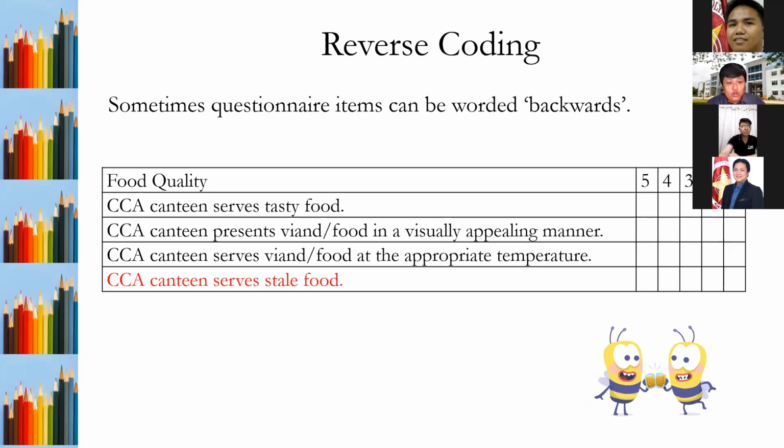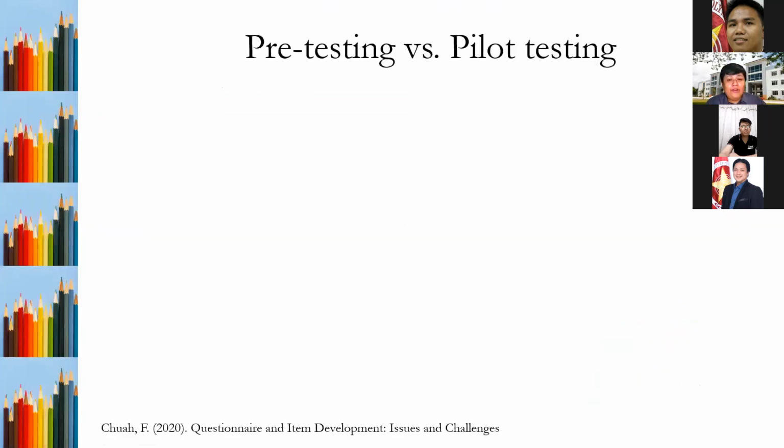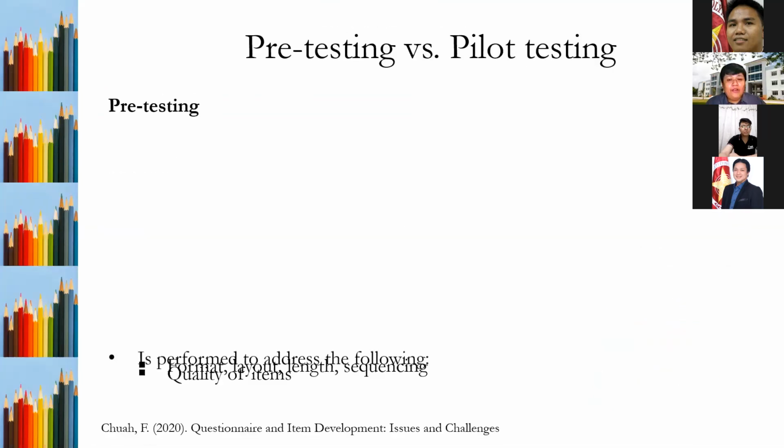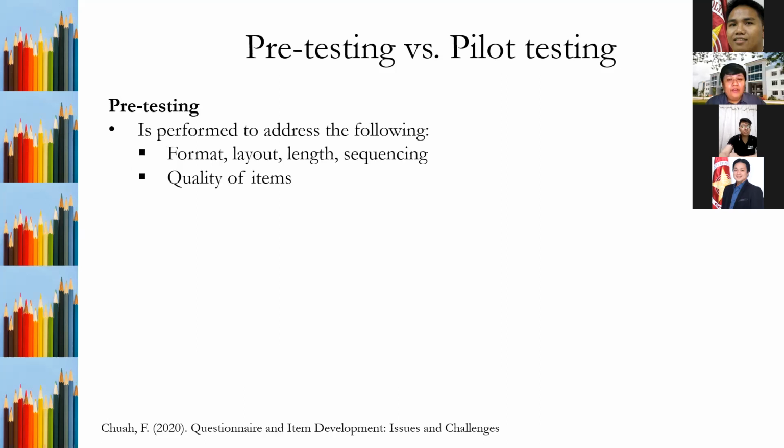Then I think this is the last one, the difference between pre-testing and pilot testing. This is very important if you are a graduate school student doing your PhD paper or maybe your MBA thesis. You need to consider doing pre-testing and pilot testing. So what's the difference?